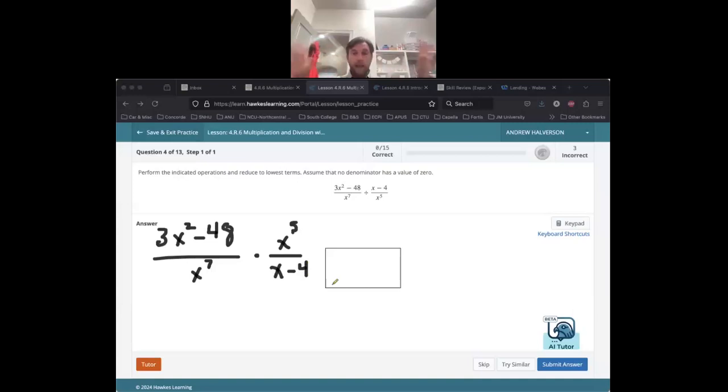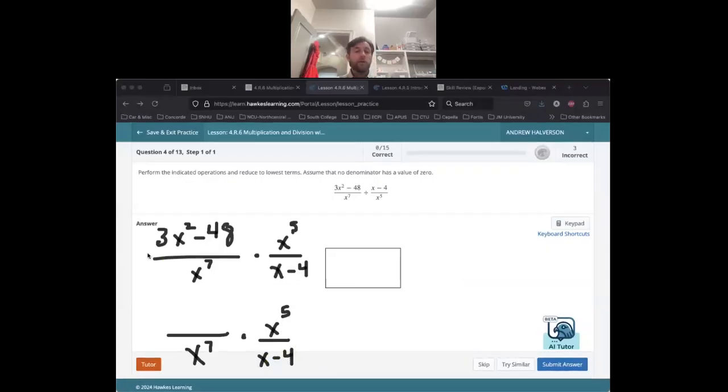Keep everything separate, and you want to factor at this point. Can I factor my 3x squared minus 48? Yes. I'm leaving everything else alone because nothing else is going to factor. I'm going to factor that 3x squared minus 48.